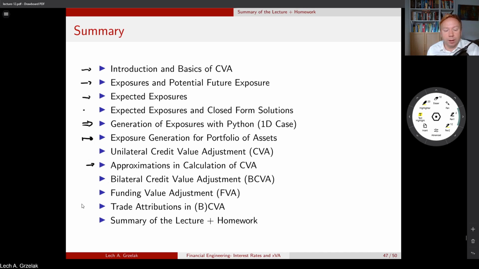And then the further application was the funding value adjustment. I showed you that once you have expected exposures, once you have performed the full simulation of your portfolio, you can simply apply that to evaluate FVA. So there are many letters from the xVA you can use, and many adjustments you can evaluate once you have computed expected exposures.